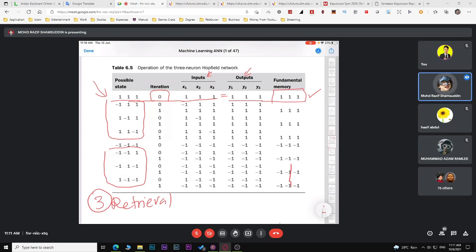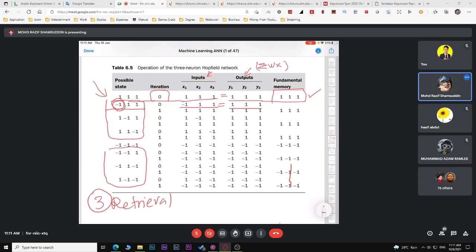Okay, tetapi bila kita buat unstable state yang ni, neuron ni berubah. Kita flip dia punya value. So this is the input. Okay. And this is the output. So what happen is that, macam mana nak dapat output ni? Kita kira lah yang tu kan, summation of weight times x kan.